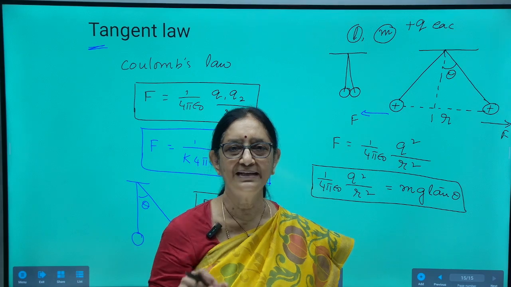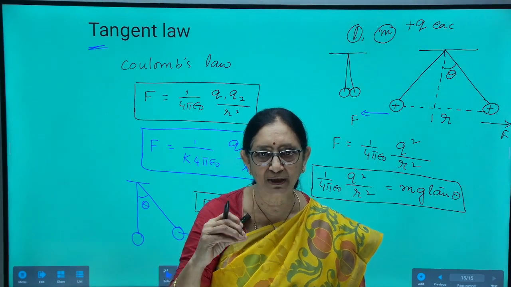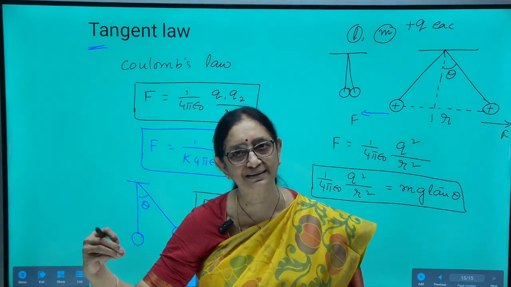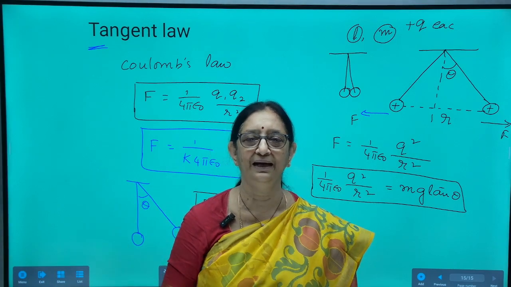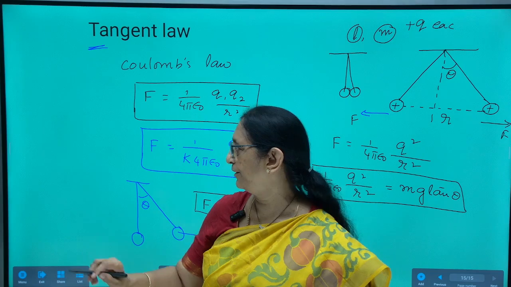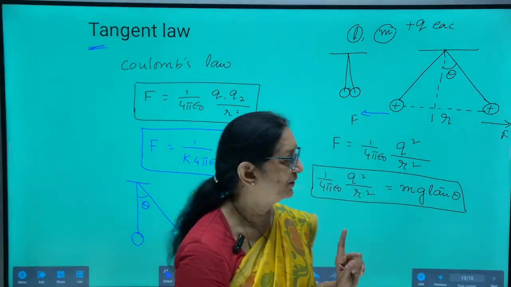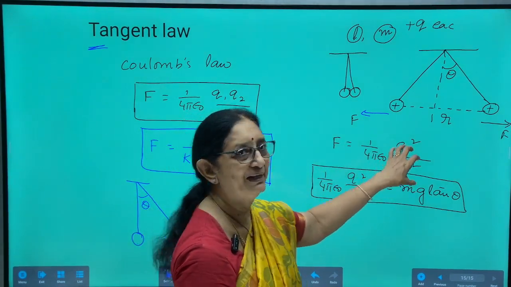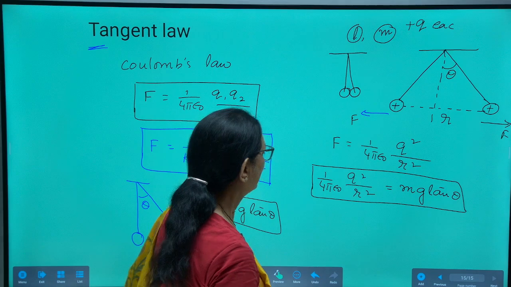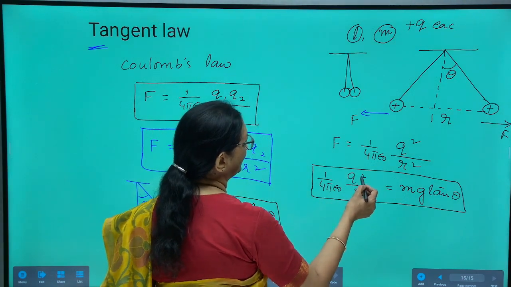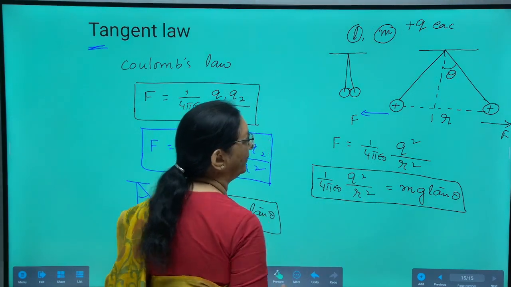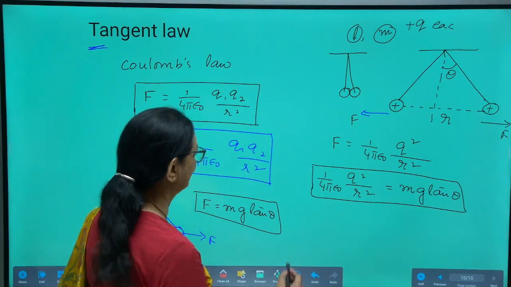But in order to pull the simple pendulum aside through an angle theta, the necessary horizontal force is F equal to mg tan theta. So, that force is provided by the Coulomb force here. So, 1 by 4 pi epsilon naught q square by r square is equal to mg tan theta.